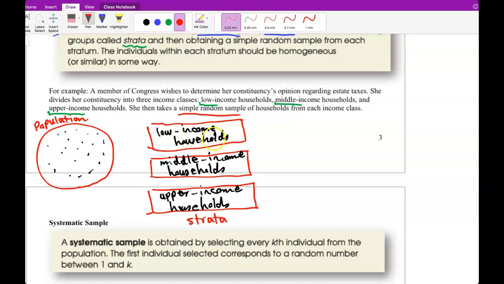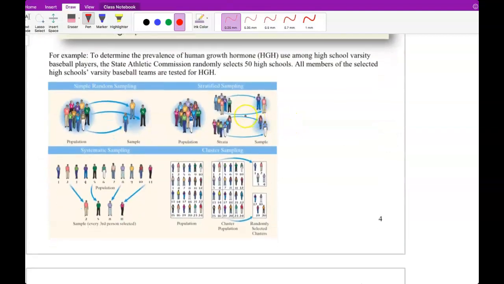I'm not sure how many I have here. If, in case, we had 10 individuals, that means that usually we're going to have the same number of individuals in each group. So maybe 10, 10, 10. Then from each one I'm going to choose a sample, with the same number of individuals chosen from each stratum.